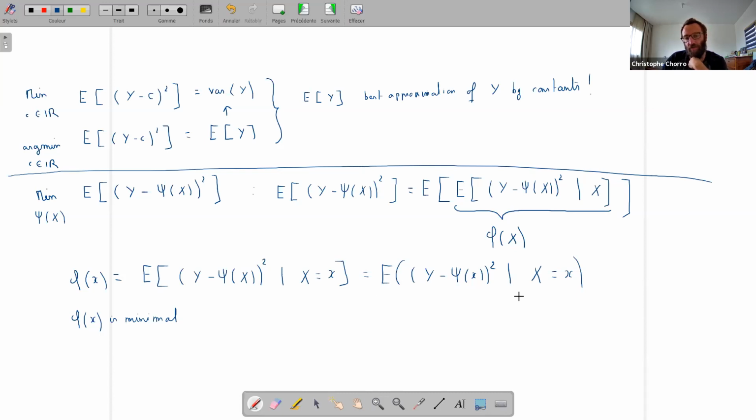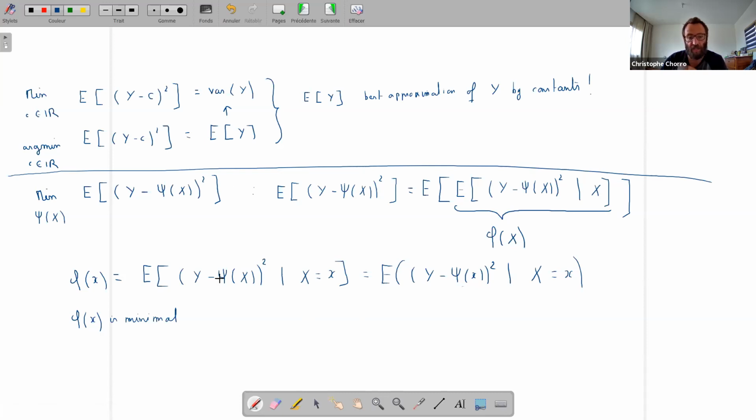In fact, I can use the analogy with what I have done previously. In the case where I am interested in the expectation and by approximating by a constant, the minimum is obtained for the expectation. Here I want to approximate Y in the same sense, with the difference of the square, by things that are in fact constants, particular constants, but constants here.